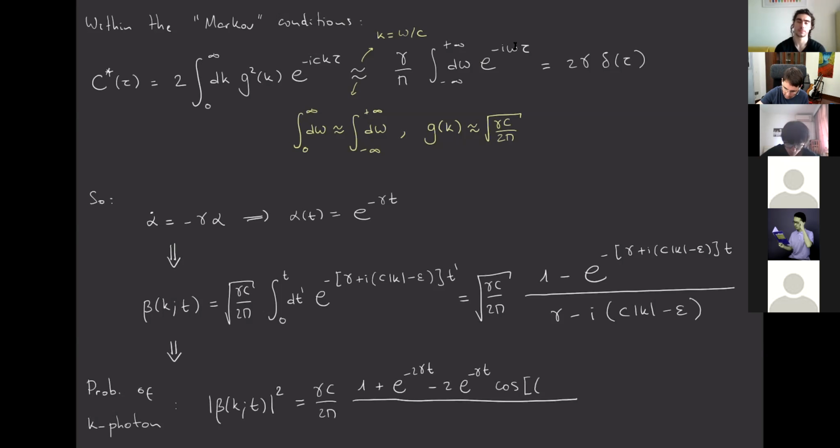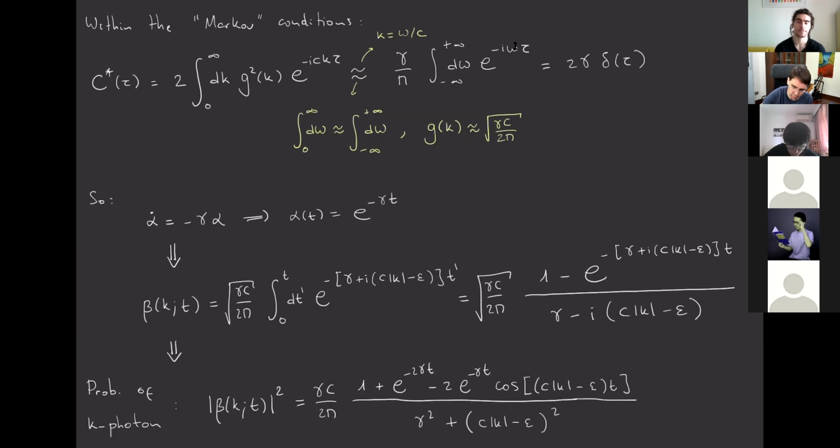So this is cosine of (ck, so the frequency, minus epsilon) t, gamma squared, and (frequency minus epsilon) squared. Okay?